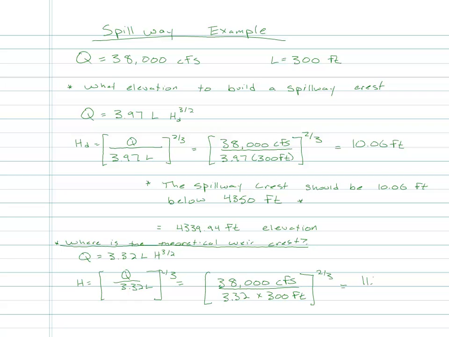H is 11.33 feet. So the elevation then is the water level of 4350 feet minus 11.33 feet, and that's equal to 4338.68 feet. That is the elevation of the theoretical weir crest.